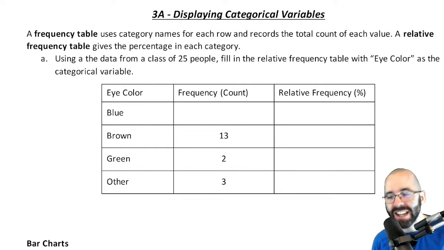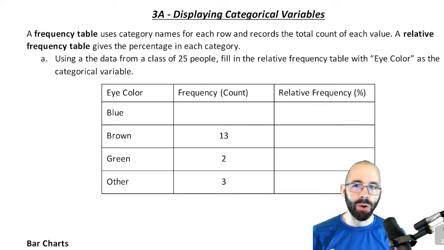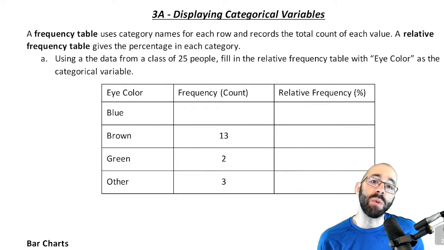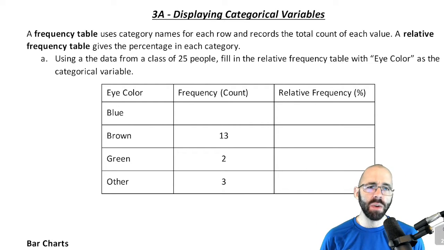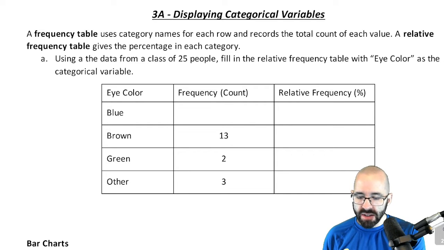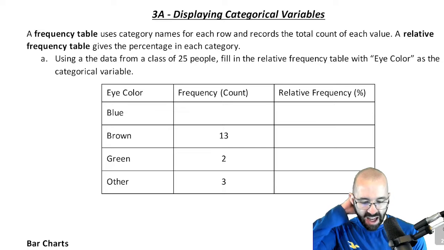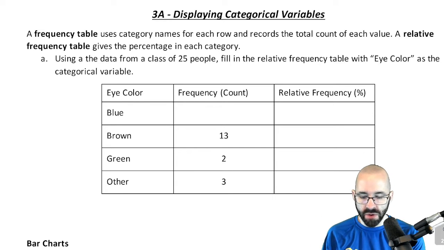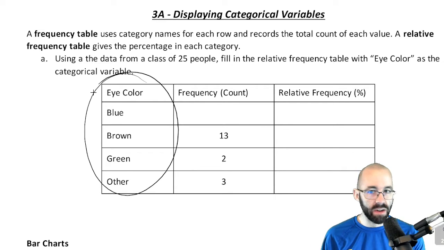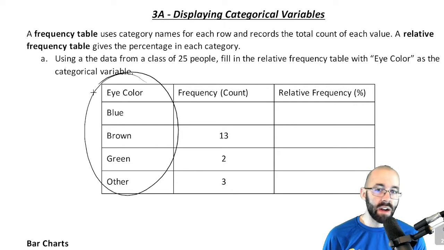So let's start talking about ways that we can display categorical variables, and we're going to do that with a frequency table. And usually we're going to deal with something that's a relative frequency table. A frequency table just uses category names for each row. So again, this is a categorical variable, eye color. It's regular categorical, right?